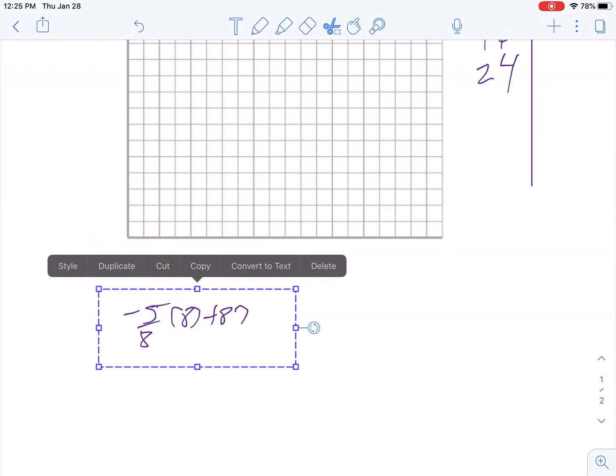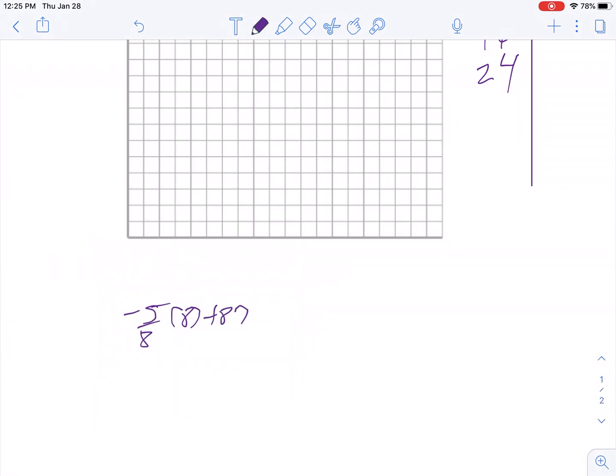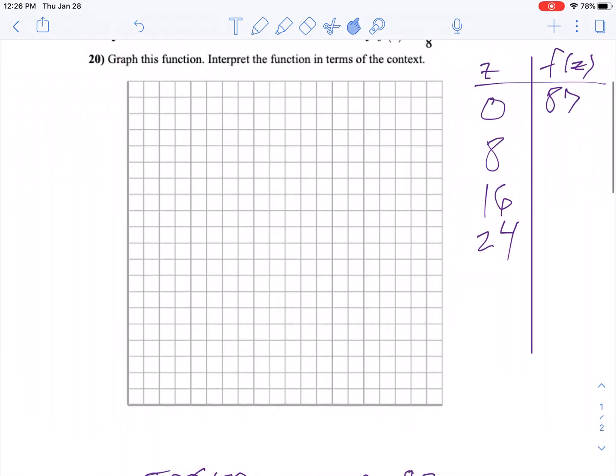There we go. Now, we know the 8s reduce, don't they? You get a 1 here. So you have negative 5 plus 87, which is 82. So if we have 8 members in the class, the average drops to 82.